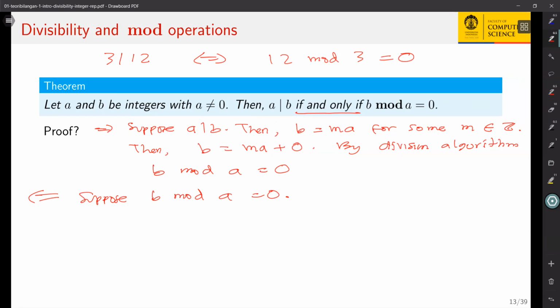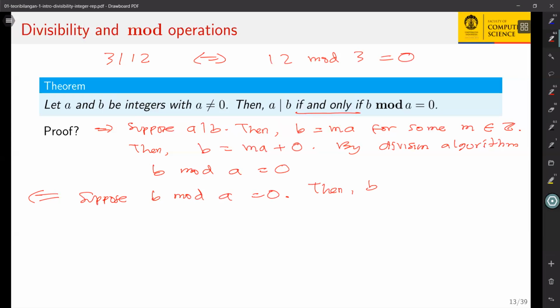Anybody? What is the next step? So we want to show that A divides B. We start with B mod A equals 0.